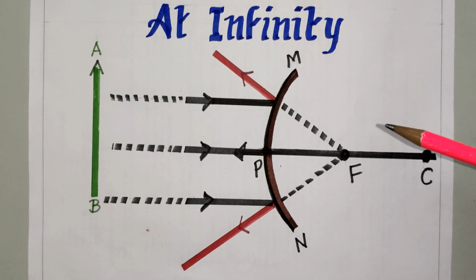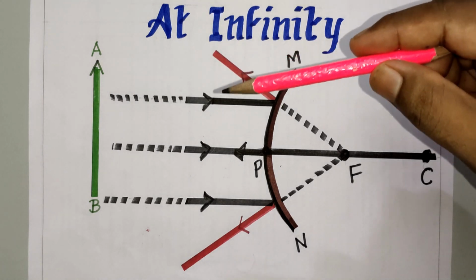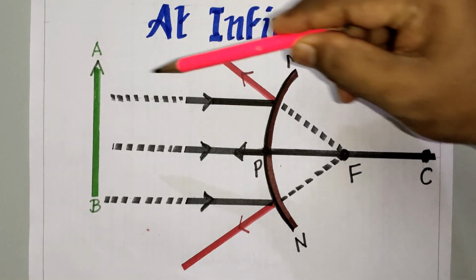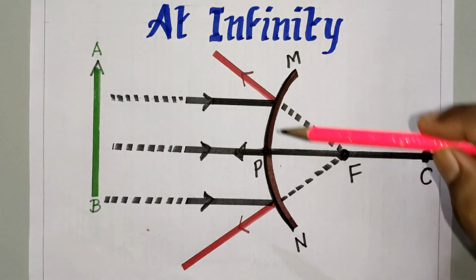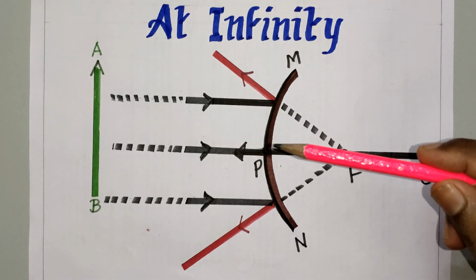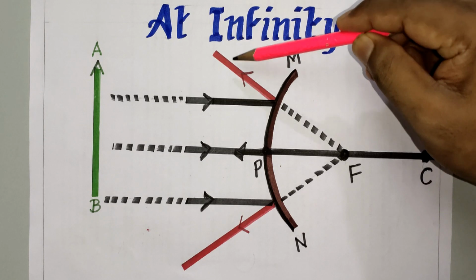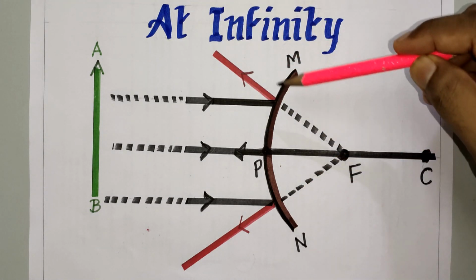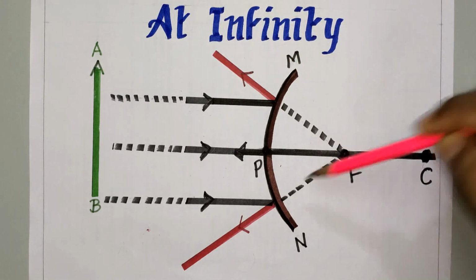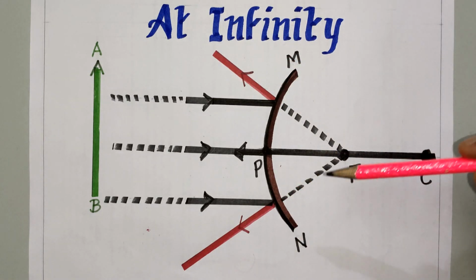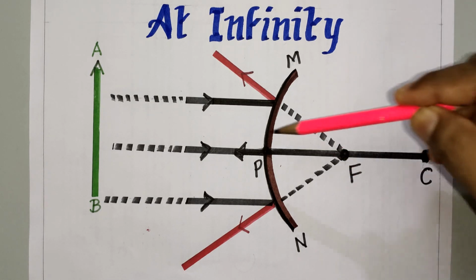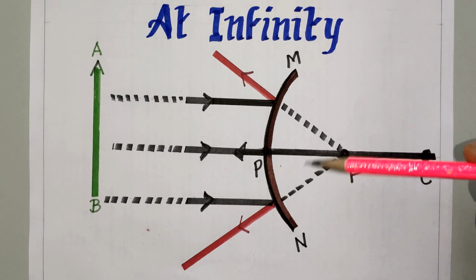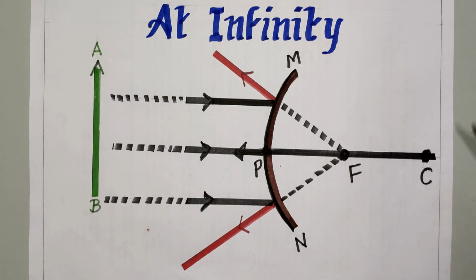According to rule 1, if the light ray from the object travels parallel to the principal axis, then it will reflect through focus. Actually, if we extend these reflected divergent rays, they will appear to come from focus. So we will get the image at focus behind the mirror. For this position, we get a virtual and erect image.